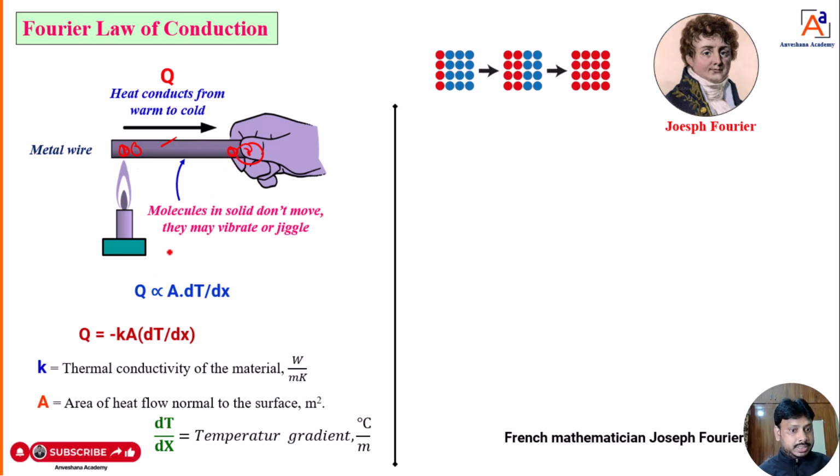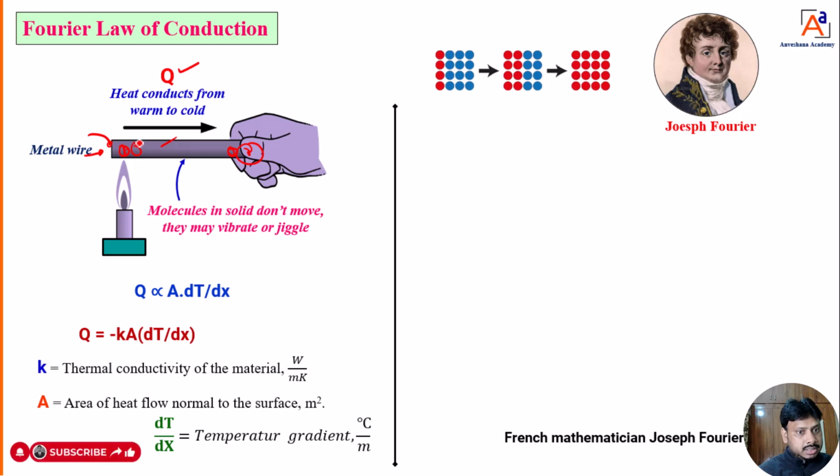You can see, dear students, the rate of heat transfer, that is Q, is directly proportional to the cross-sectional area. That area must be perpendicular to the direction of heat flow.